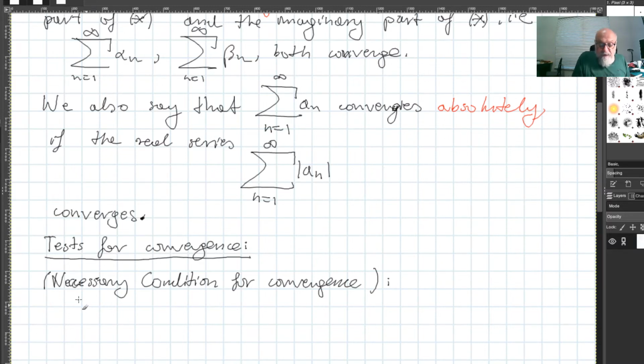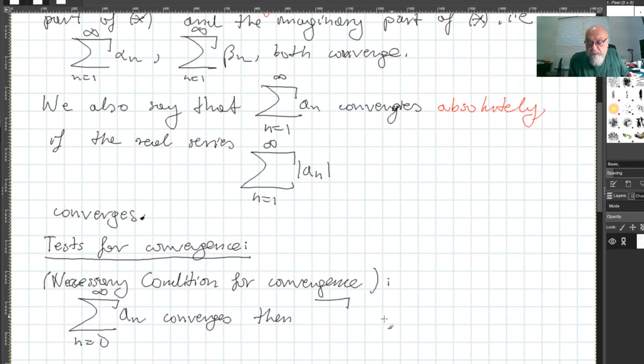So in this case we have: if the series sum for n equal 0 to infinity of a_n converges, then the limit as n goes to infinity of a_n must be equal to 0.